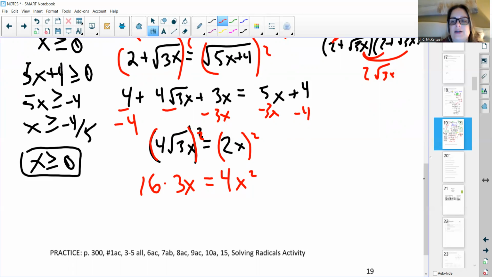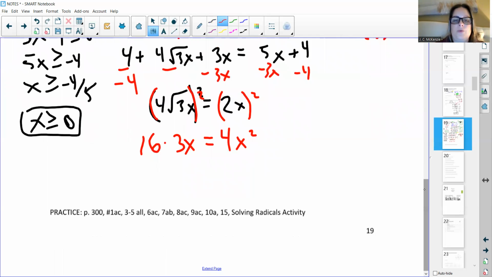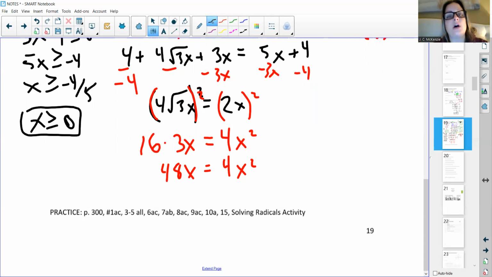So from here, we have 16 times 3, which is 48, I believe. So this is 48x equals 4x squared. And again, we have an x squared, which means we're dealing with a quadratic, which means we need to solve by one of those 4 strategies.